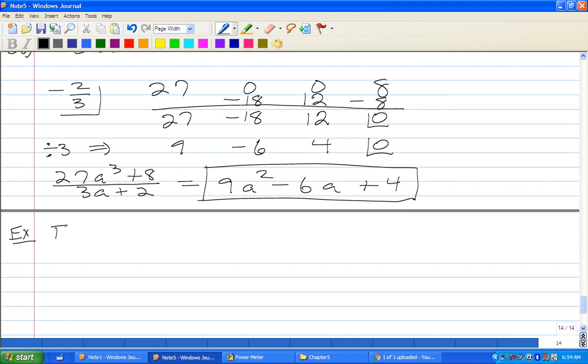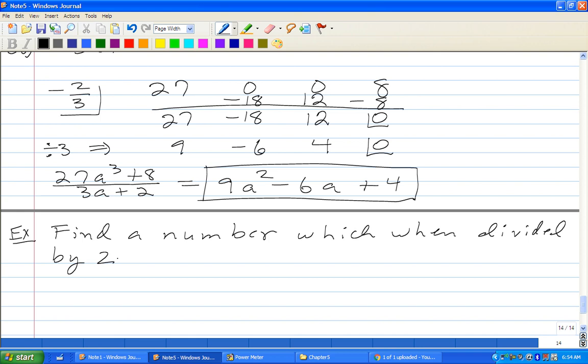Find a number which, when divided by 2, yields the quotient 3.